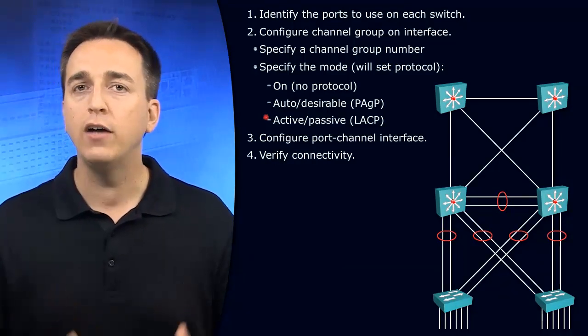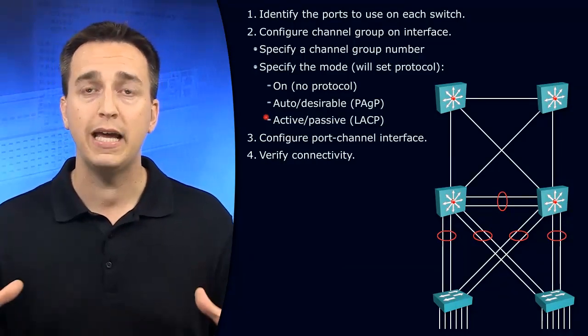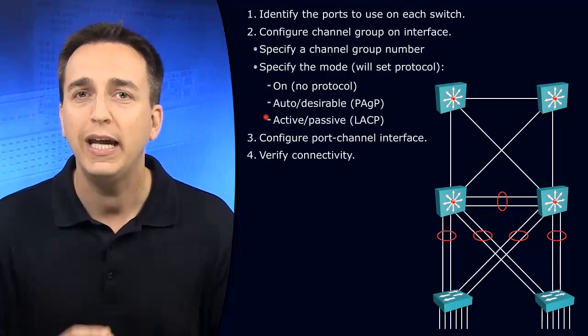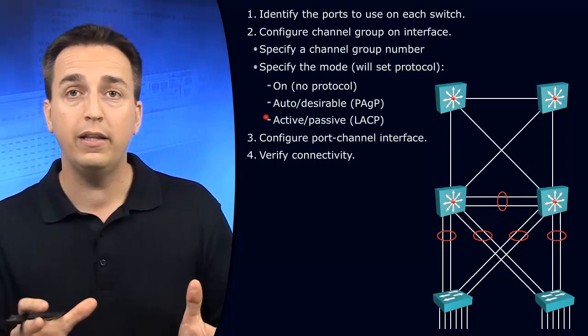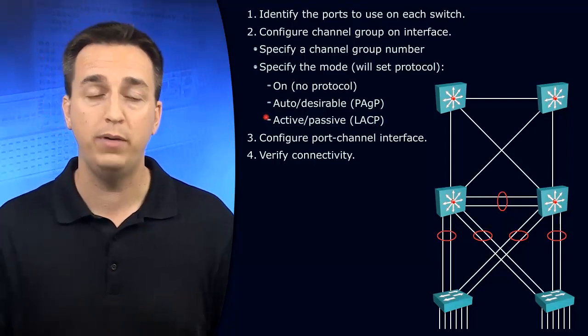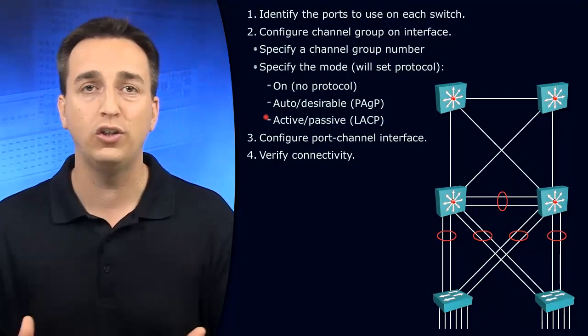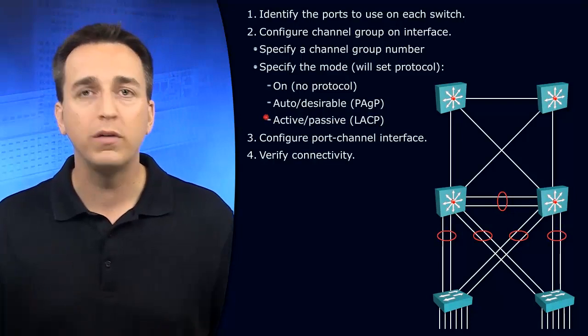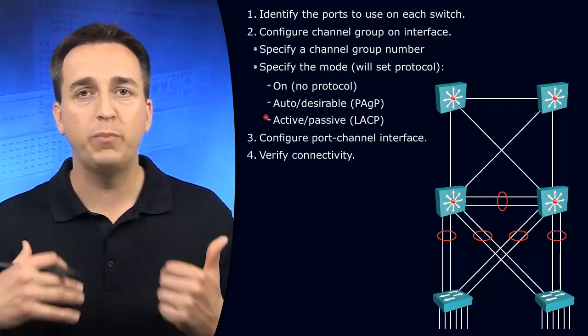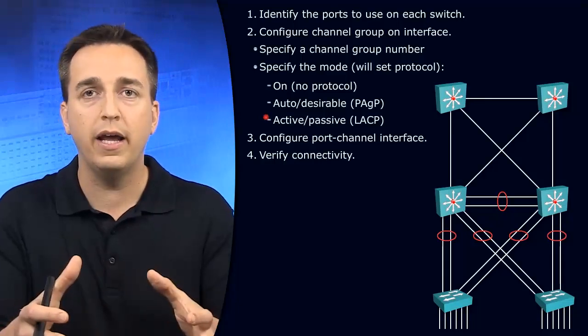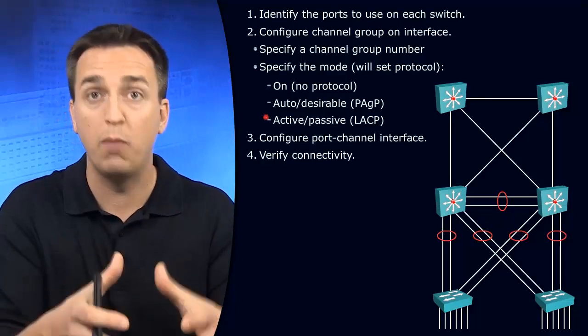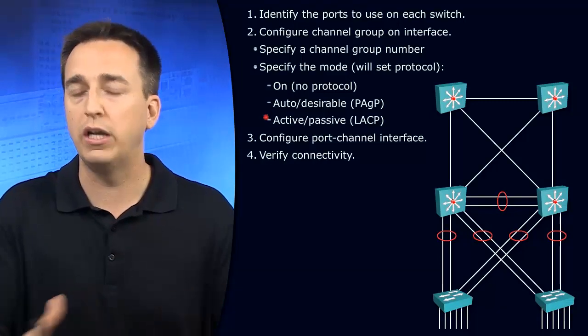Once we've identified the channel group, a port channel interface is automatically created. And this is the logical interface that's going to represent all of the physical links that are part of the channel group. Now, if you created the port channel ahead of time by typing in interface port-channel 1, that's perfectly acceptable. Because when you specify the channel-group 1 command after, those interfaces just become represented by that port channel you already created.